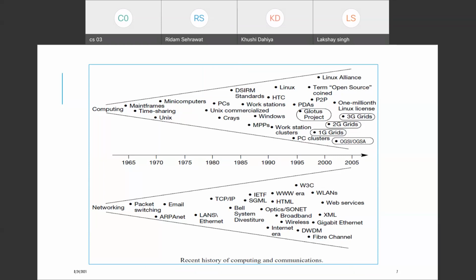Fine. So next, when we have the ARPANET, initially four different sites or organizations are connected together through a network known as ARPANET. Then we identify, okay, if we want to communicate through a network, so then we introduce email. Then after that, we have LANs and Ethernet.